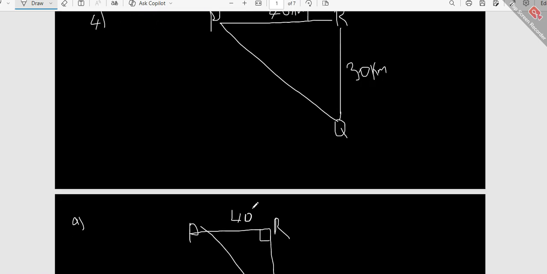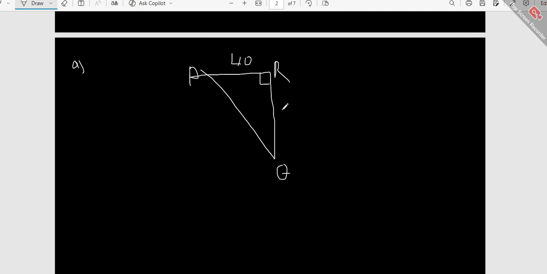The dimension of this other side is 30. But we don't know the dimension of this side. Let's call it x. In a right angle triangle, you know that the longest side is called the hypotenuse.